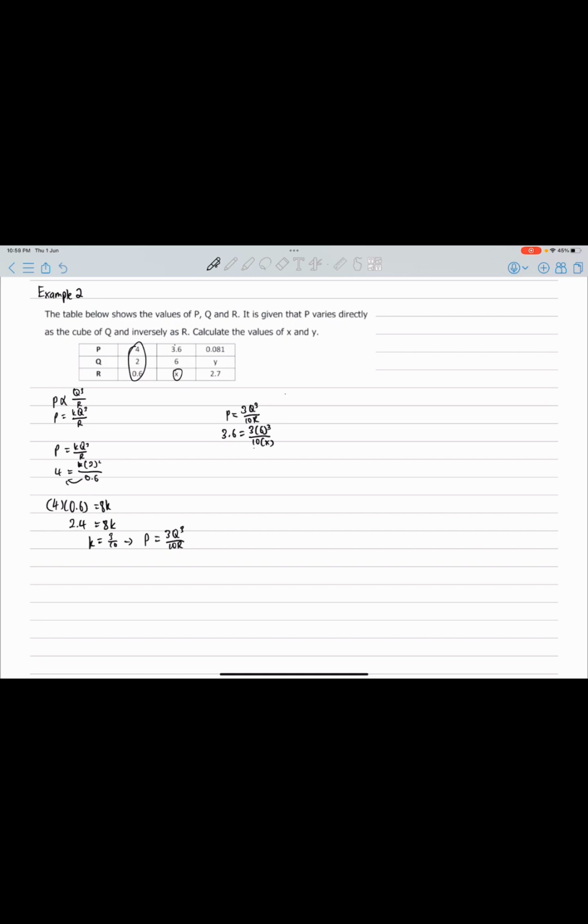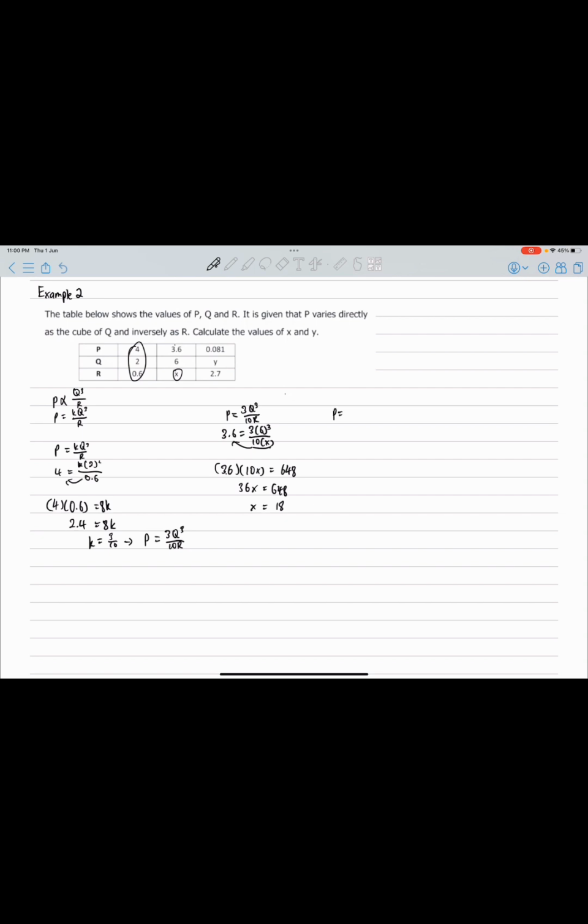So we move the bottom one to here. So it's 3.6 times 10x equals 648. So 36x equals 648, and x is equal to 18.